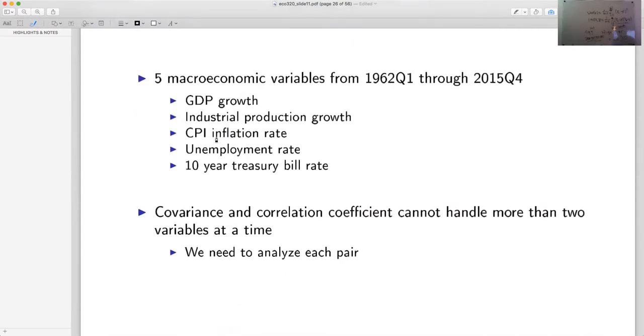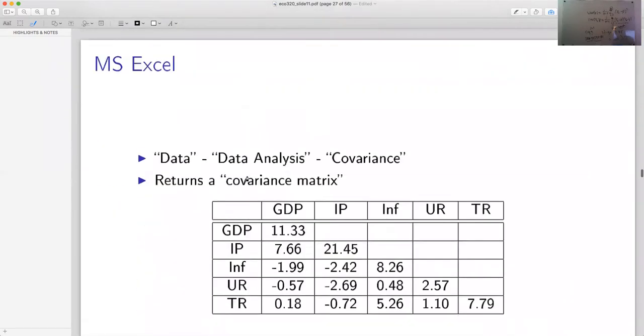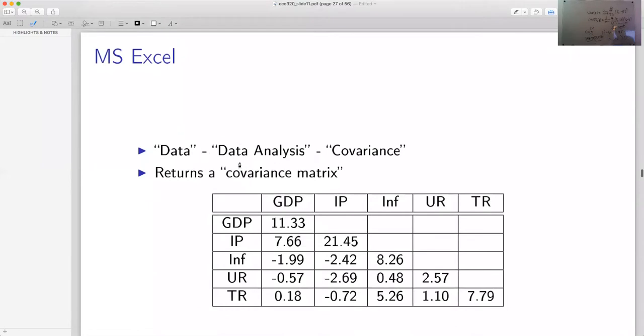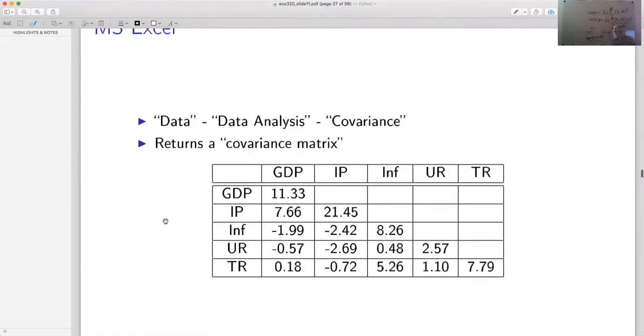If we have the data, we can calculate the covariance and correlation coefficient of this one. Using Data, Data Analysis, and Covariance, this is a covariance matrix in Microsoft Excel. You can do exactly the same thing in Excel or any other software.